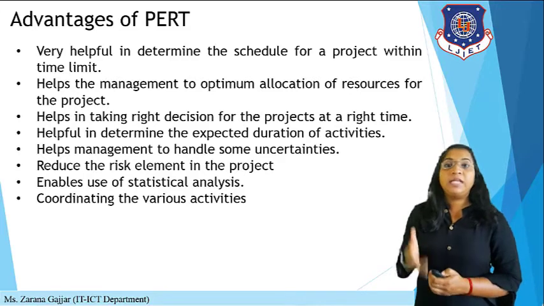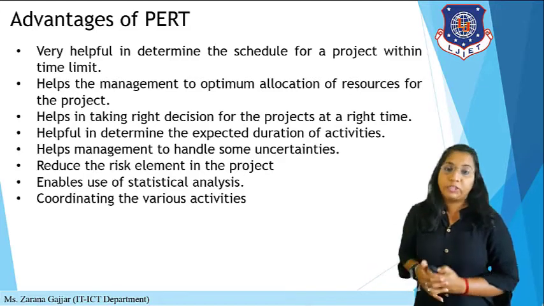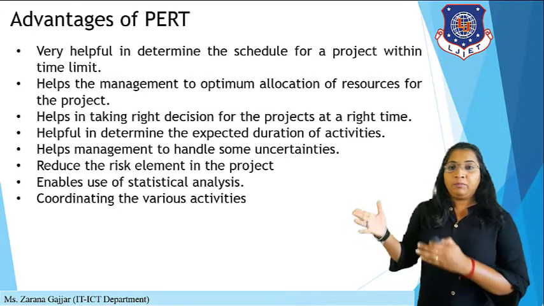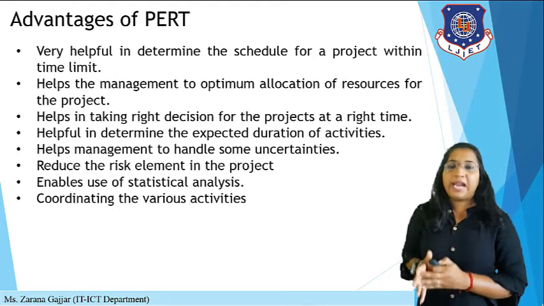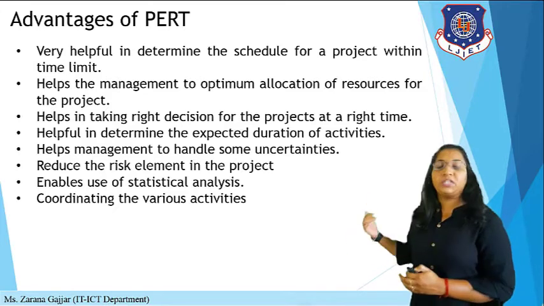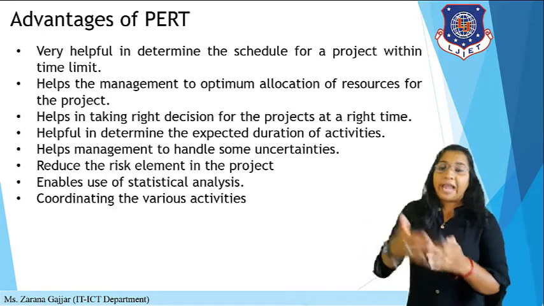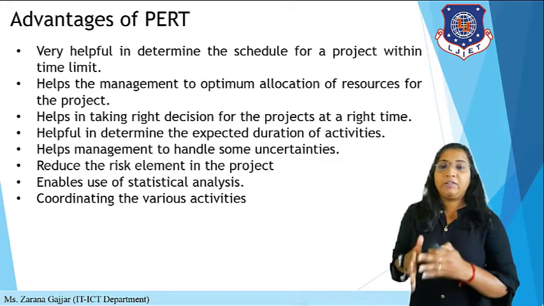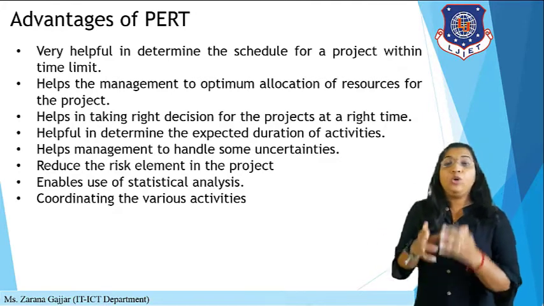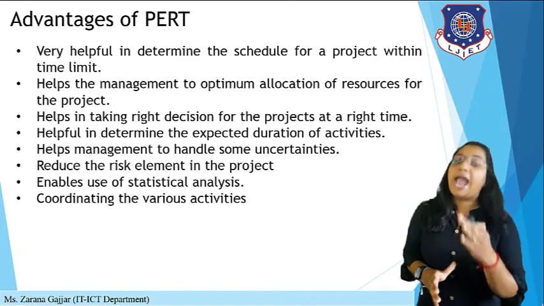Also it will help in taking the right decision for the project at the right time. If we are already missing some deadlines, at that time this PERT chart will help you track all these things: which activity is pending and which activities are beyond the deadline. So you can make the right decision at the right time.